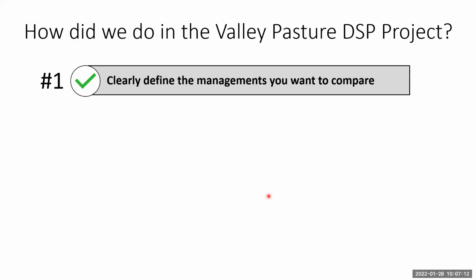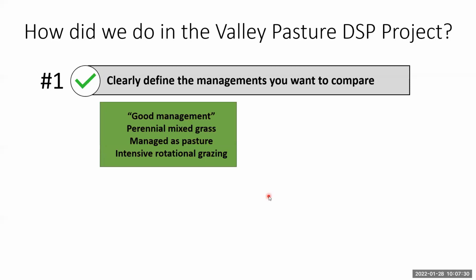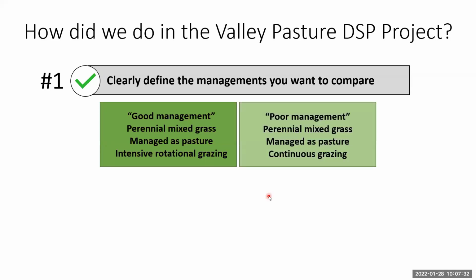And so now we're going to talk about how did we do in the Valley DSP project. So I should have said this at the beginning, but the way this is set up is that I'm going to talk about what does this lesson learned mean, and then we're going to get into, okay, how did we do in our project and what did it look like for us? And so for our project, like I said, Alexandra and Corey talked about, they did a good job.